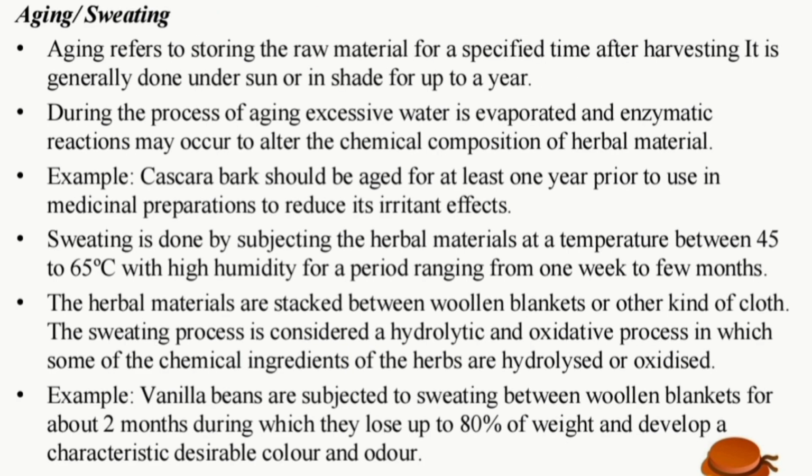Then aging or sweating. Aging refers to storing the raw material for a specified time after harvesting, and it is generally done in shade for up to a year. So the term aging basically refers to the storing of the raw materials after their harvesting.